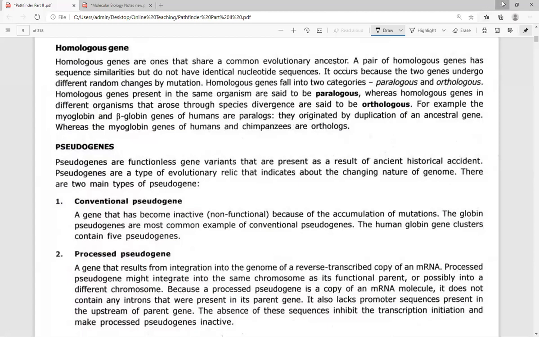Just showing you a question about homologous genes. Okay, just showing you a question about this particular gene and about a particular topic.